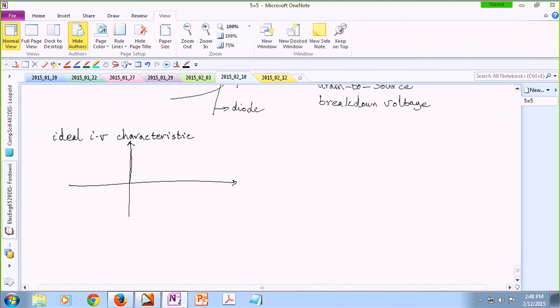So it can conduct positive currents when it is on, and obviously it's controllable. Control meaning that you can actually turn the device on or off using the gate. When the device is off, you're here.